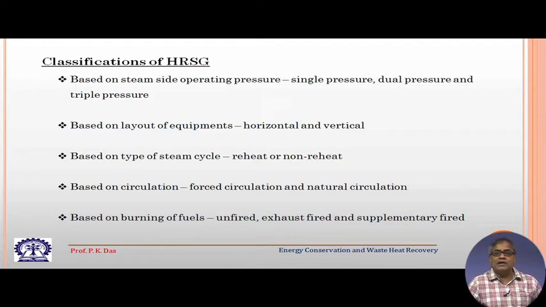Unfired you can understand, because let us say there is a combination of a gas turbine and a steam power plant. So, primarily we burn fuel in the combustion chamber of the gas turbine, and the hot gas, hot product of combustion, does some work in the gas turbine, but when it comes out of the gas turbine, its temperature is quite high.